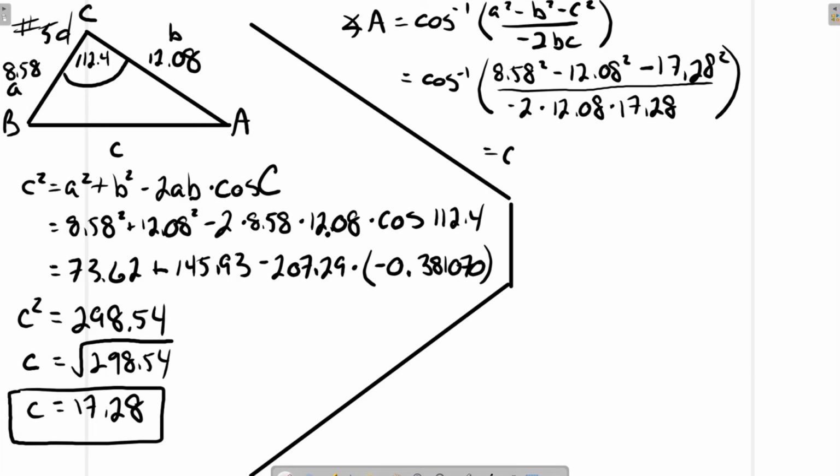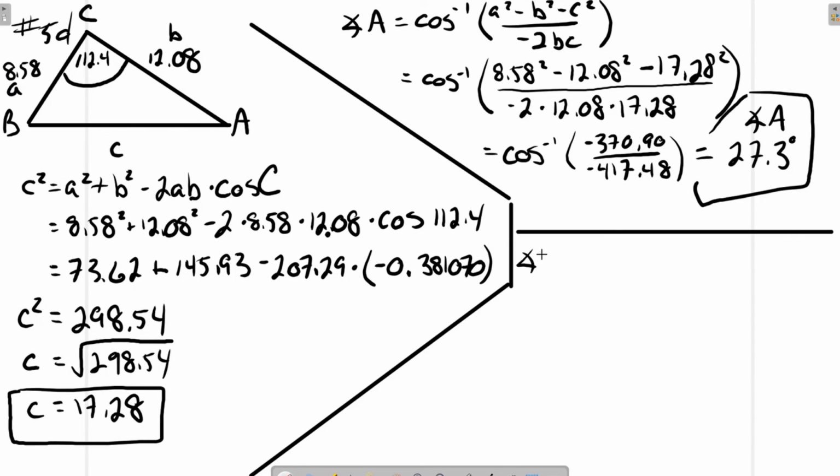That's the arc cos of negative 370.90 divided by negative 417.48. Doing that in my calculator, I end up with 27.3 degrees. So that is angle A.